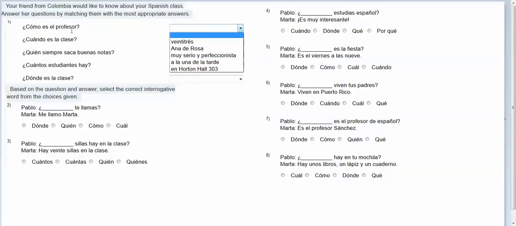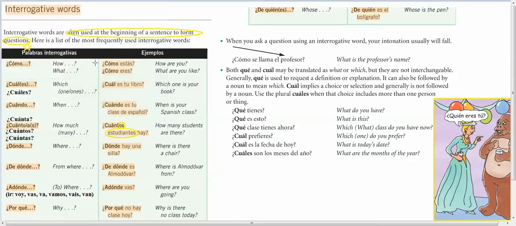¿Cómo es el profesor? When you're told ¿cómo es, it means what is somebody like. ¿Cómo estás is how are you doing? Here, I'll show you again. So if you look here, ¿cómo estás is how are you, and ¿cómo eres is what are you like.